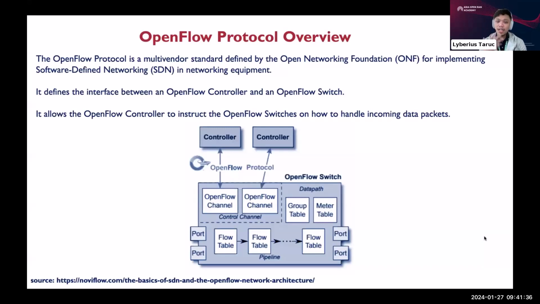Now, what you're seeing here in the diagram came from the NoviFlow website. This is a generalized diagram on how the OpenFlow protocol is being used by an OpenFlow switch.